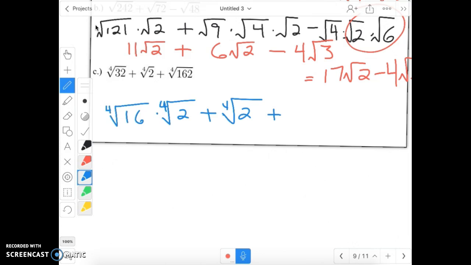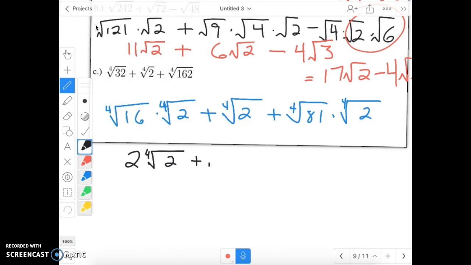I can break that down into the fourth root of 81 and the fourth root of 2. So over here, the fourth root of 16 gives me 2 plus 1 fourth root of 2, and then the fourth root of 81 is 3, so plus 3 fourth root of 2.